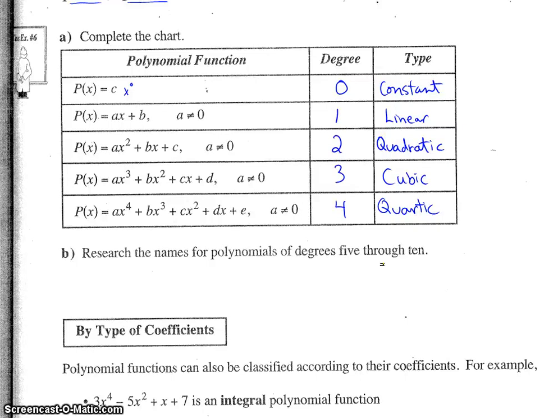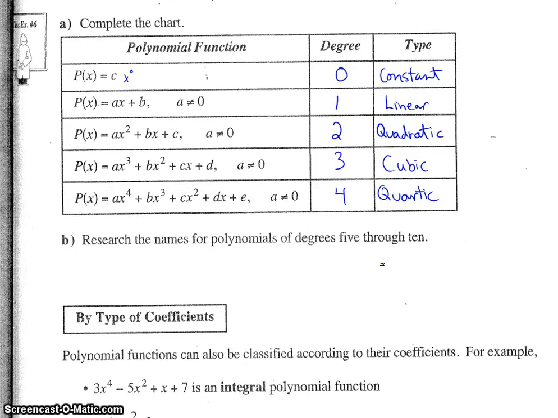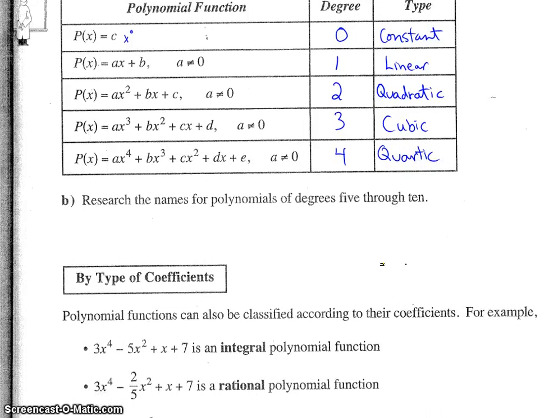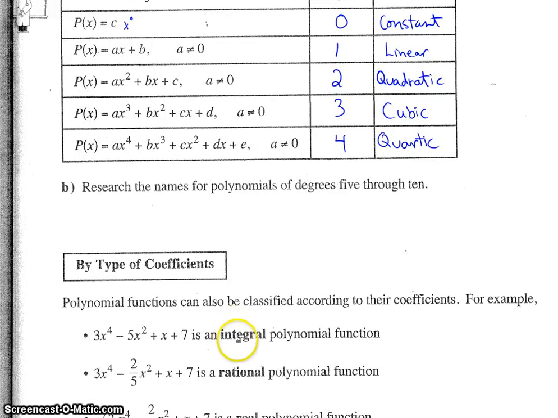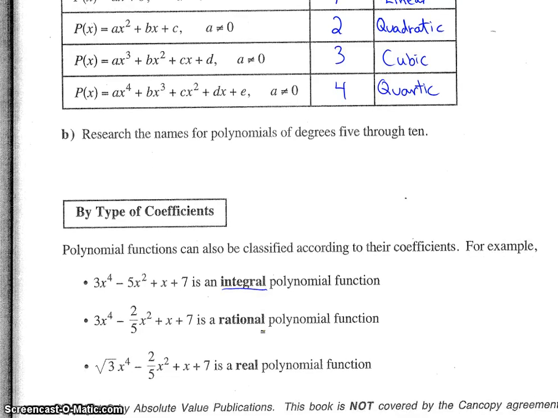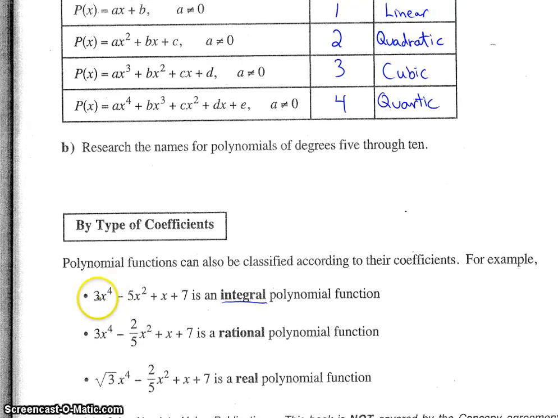Now we can also classify by type of coefficients. If you hear that a polynomial function is an integral polynomial function, you'll hear that quite often, that's referring to the type of coefficients. What it means is the coefficients, even the constant term, are integers.